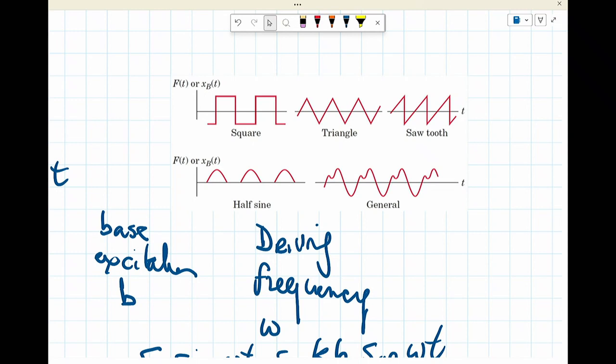One of the things we worry about are natural frequency and resonance frequencies, which start to play a role in this particular lecture. You can do funny things like half sines and general signals, and those signals can vary with time, amplitude, period. You can add in a whole bunch of different sines and get all sorts of different things.